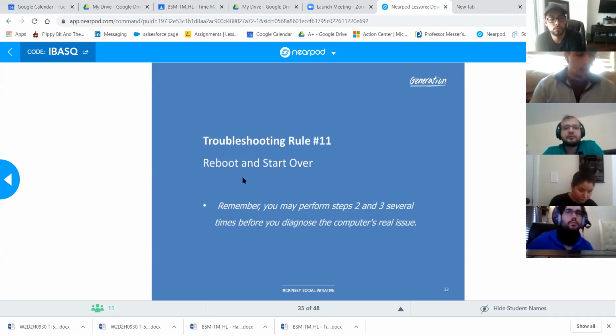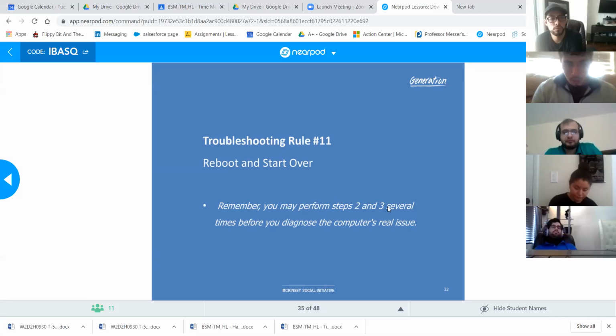Troubleshooting rule number 11, reboot and start over. Remember, you may perform steps 2 and 3 several times before you actually diagnose the issue. Anybody remember what steps 2 and 3 are?